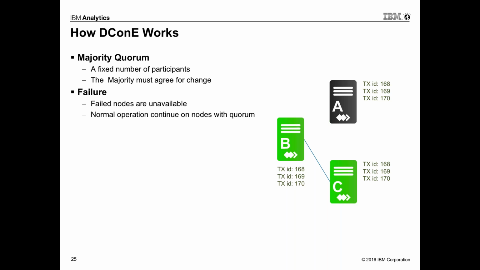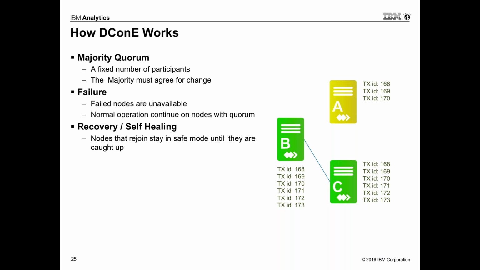During the time when cluster A is down, clusters B and C continue to operate with a quorum. In this case, let's say B now wants to write another request and issues transaction 171, and C wants to write 172, and it continues just fine while cluster A is down.